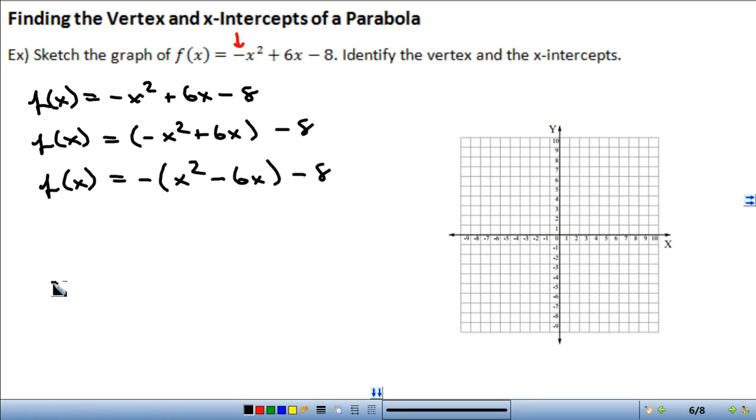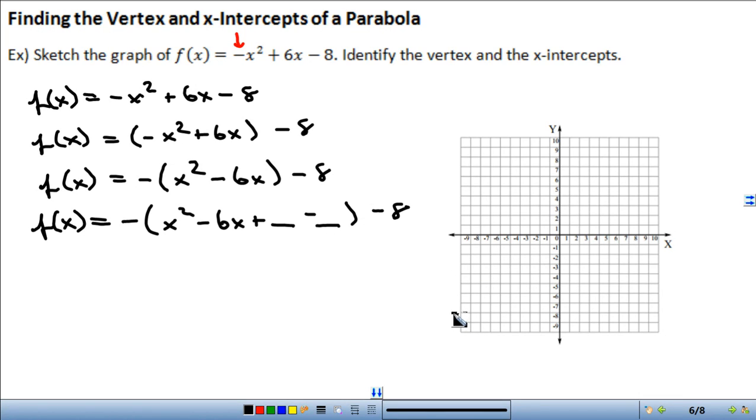Now I'm going to do the spaces to complete the square. So f of x is equal to negative x squared minus 6x plus blank minus blank, minus 8. And again, I take my middle term. So I have negative 6.